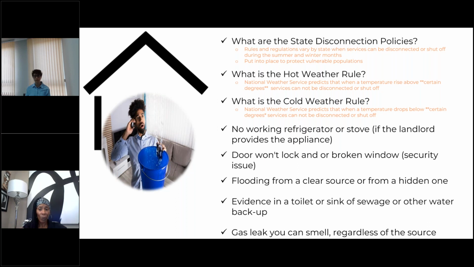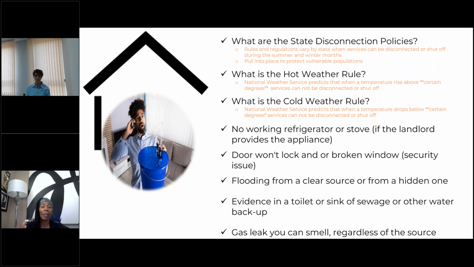Flooding, from a clear source or a hidden one. Remember I talked earlier about when a landlord can enter a unit without advance notice. This is an example. Say a newcomer has water coming out of the ceiling and down through their unit.